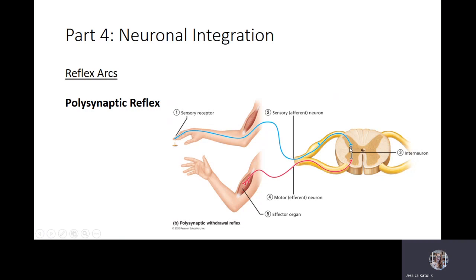The interneuron will help process and integrate that information, and will then connect to the motor neuron and tell the motor neuron how to respond. The motor neuron will become activated here, and it will carry that information down its length and eventually stimulate the effector organ to respond. In this situation, the biceps brachii, the brachialis, will contract and pull the hand away from the stimulus.